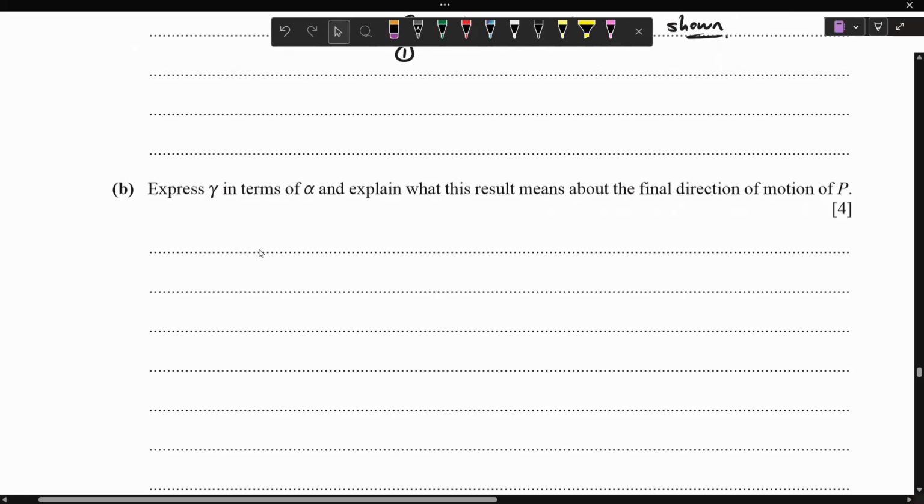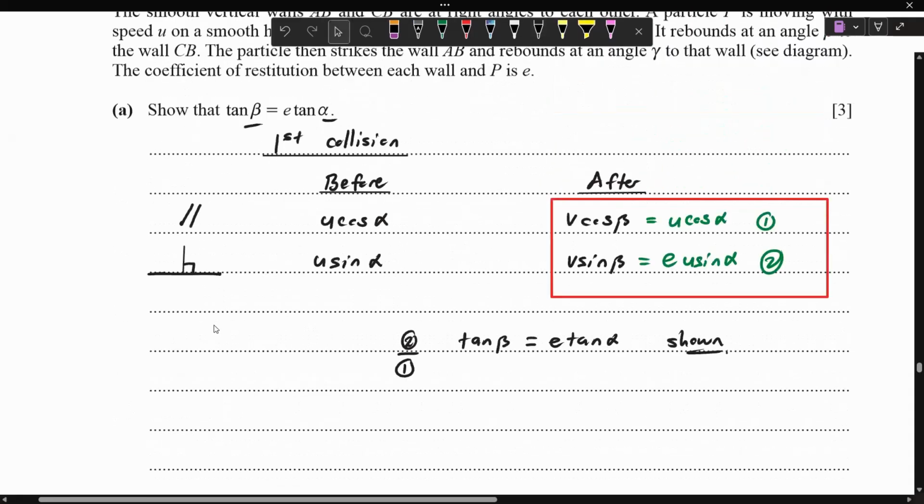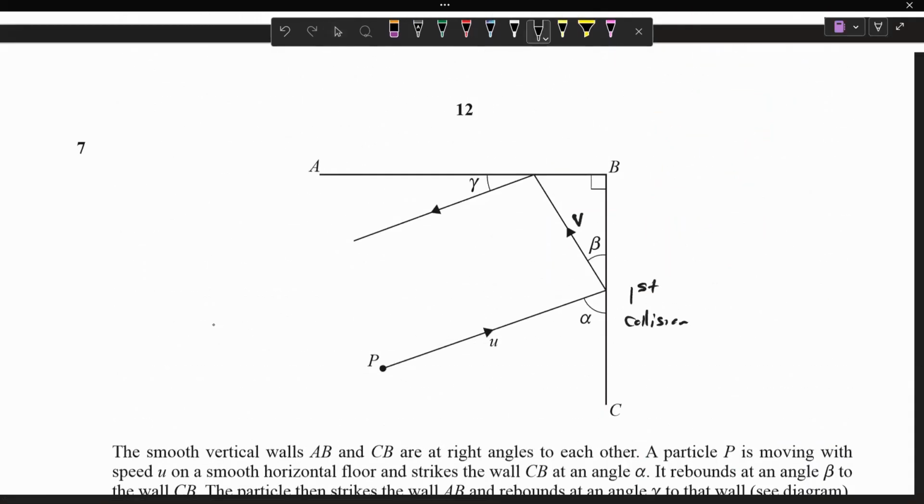On part B, they say, express gamma in terms of alpha and explain what this result means about the final direction of motion of P. Okay. Now, gamma in terms of alpha. So we're now talking about gamma, and gamma is on the second collision.